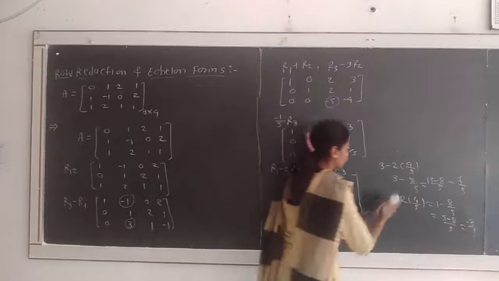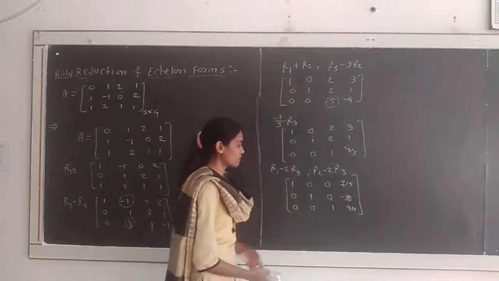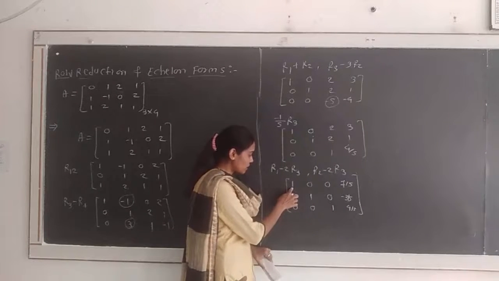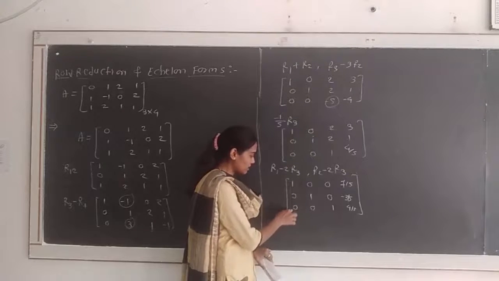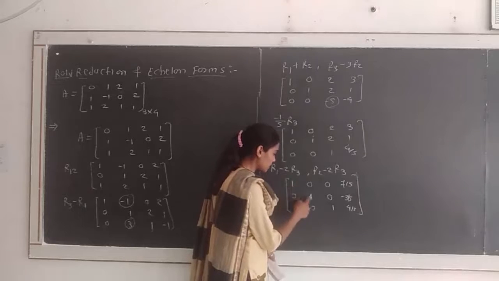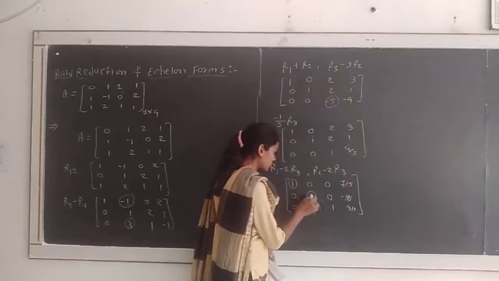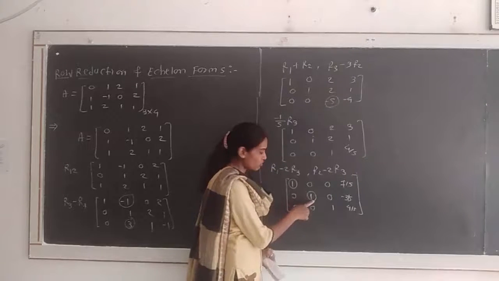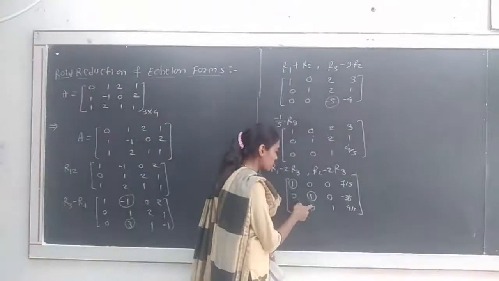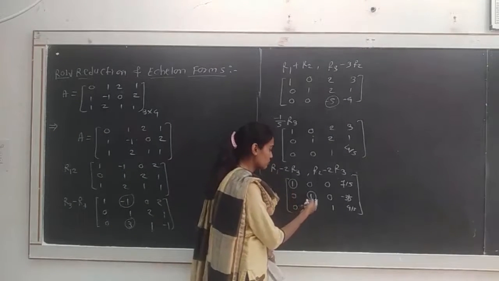So in this way we get the reduced row echelon form, because the leading entry in the first row is this one, and the entries below it are 0. In row reduced form the leading entry must always be 1, so we make it 1, and the entries below and above it are 0.